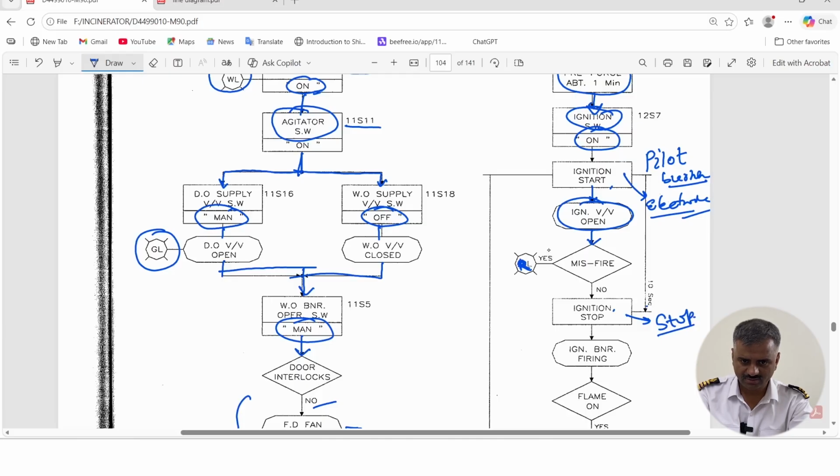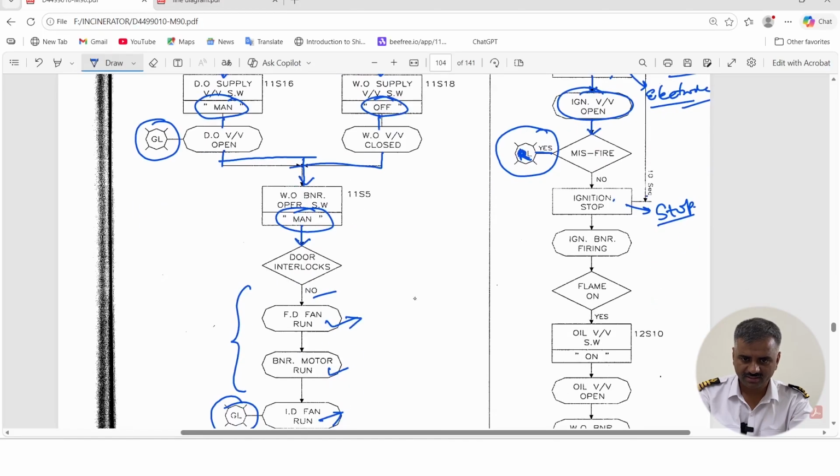In this case, your flame scanner or flame sensor, the photoelectric cell, is sensing the sparking for the next 10 seconds.